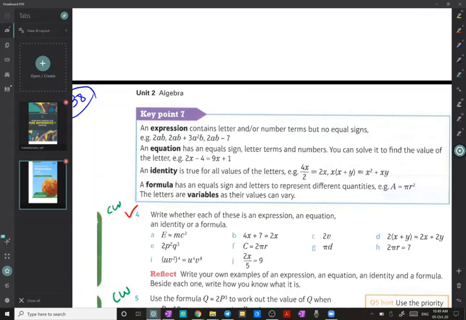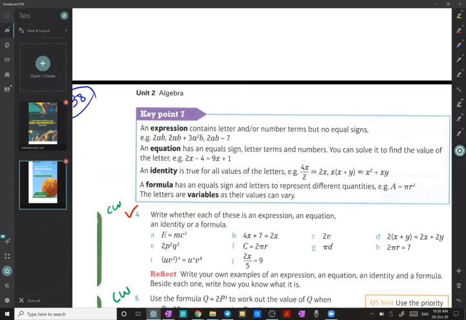When we say we have an expression, it means it contains letter and/or number terms, but no equal signs. An equation has an equal sign, letter terms, and numbers, and you can solve it to find the value of the letter or of the variable.